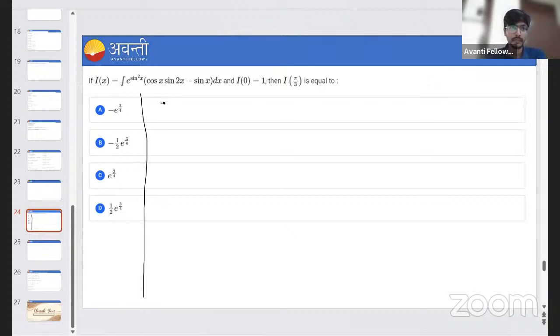So that means this will be equal to integration of cos x into e raised to sine square x into sine 2x dx minus integration of e raised to sine square x into sine x dx.